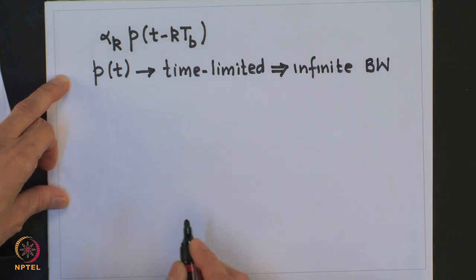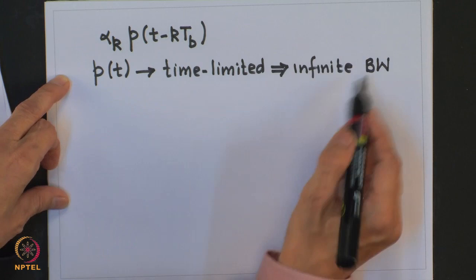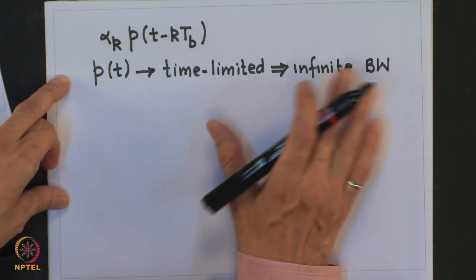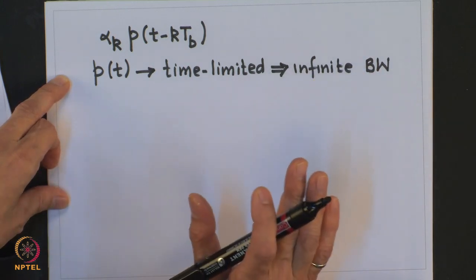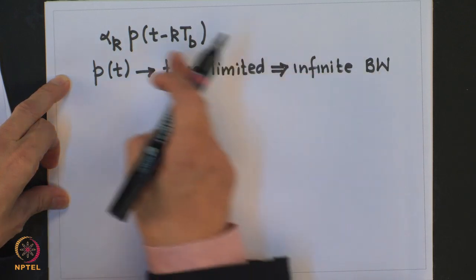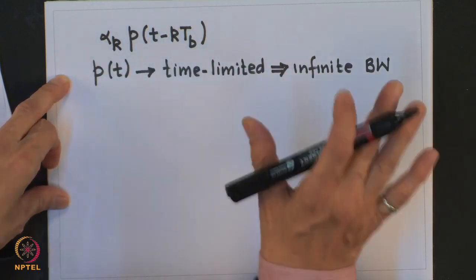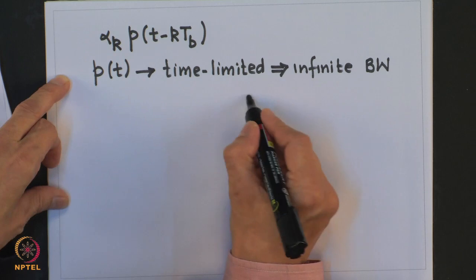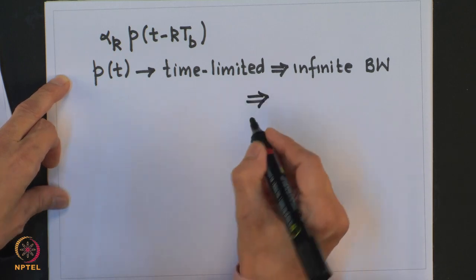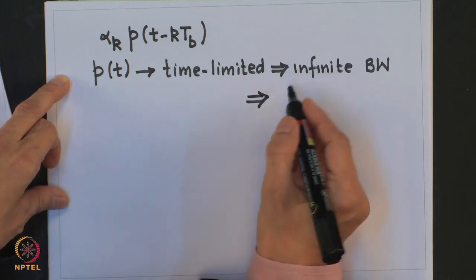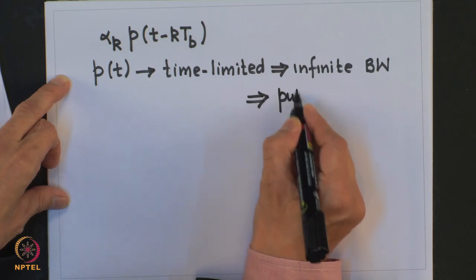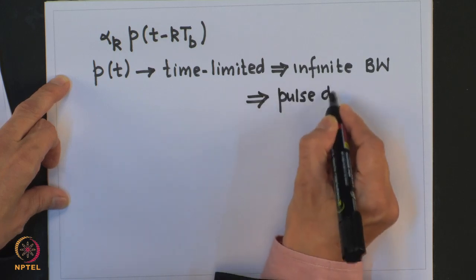Now, when such a pulse gets transmitted on a band limited channel, the pulse p(t) itself will get band limited, and this will bring about pulse dispersion, that is ISI.